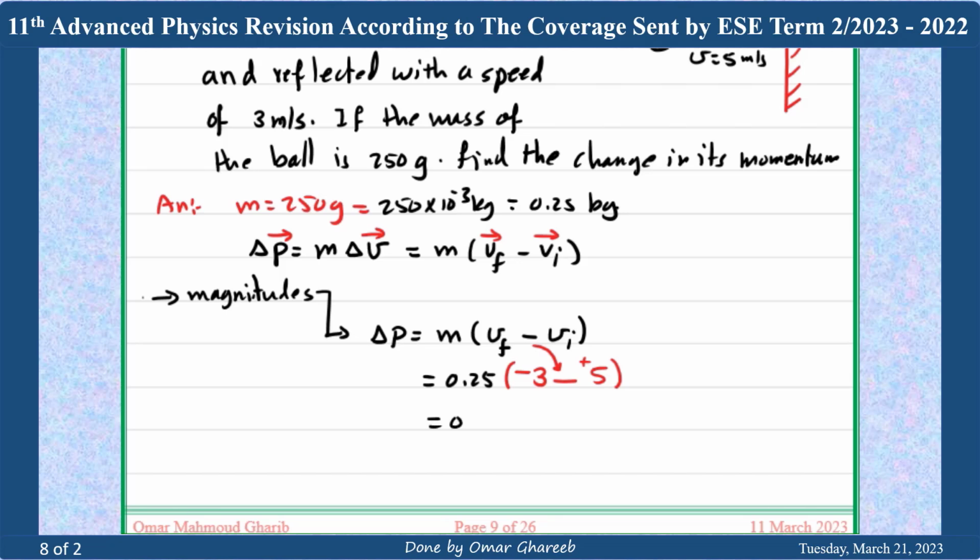Now, 0.25 times minus 3 minus 5, which is minus 8. So the answer should be minus 2, I think. And the unit is kilogram meter per second, or newton second.